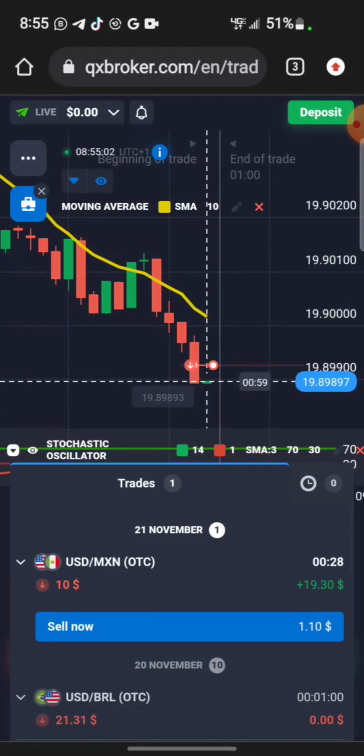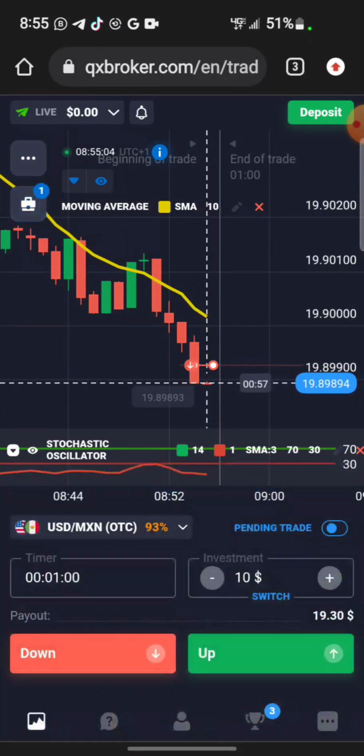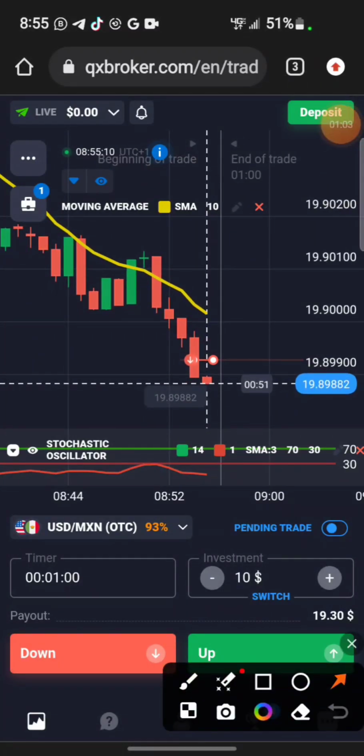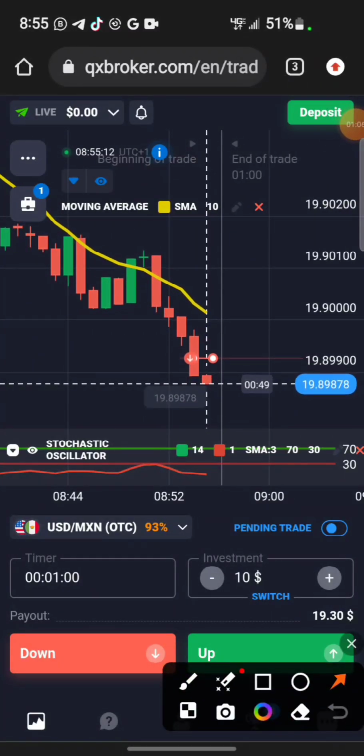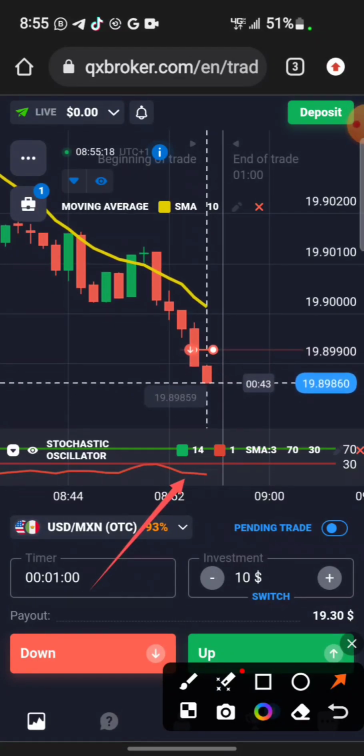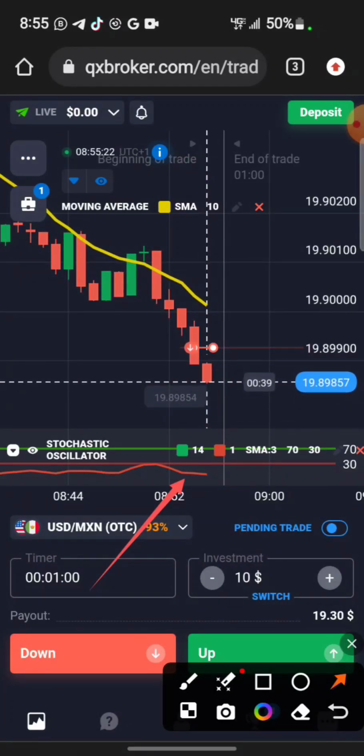So let me explain the reason for my decision over here. The market has been going bearish, and looking at the stochastic oscillator we are using here, the red line is lying below the red line of the stochastic oscillator, which is the 30%.